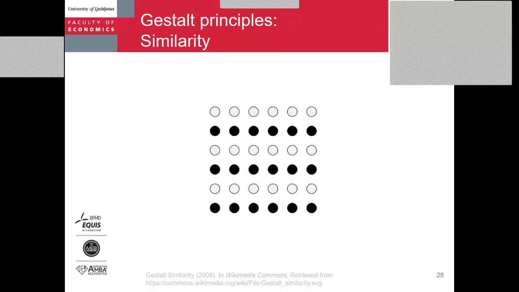How did we accomplish that? Well, using color, but we could be using something else: shape, size, orientation, and other visual characteristics. So this is the similarity principle. And how is it useful in data visualization? Well, there's also no need for horizontal lines in tables.